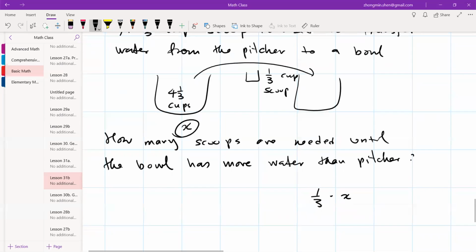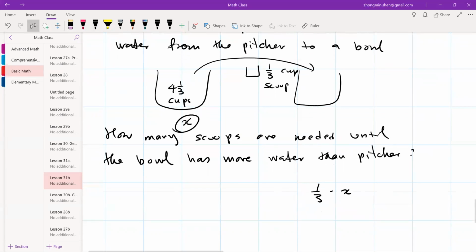This is in the bowl. This is how much you can get. On the other side, this is how much you lose, transferred, right? So it's subtract 1/3 x. We have to make sure this is less than that because I need more water in the bowl.